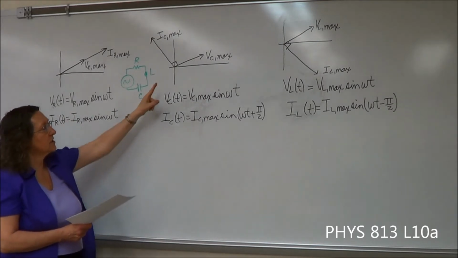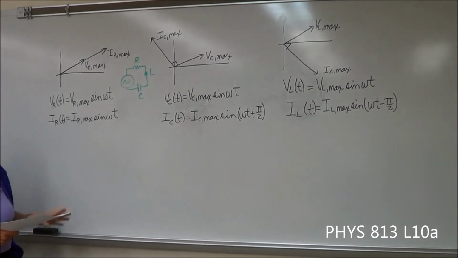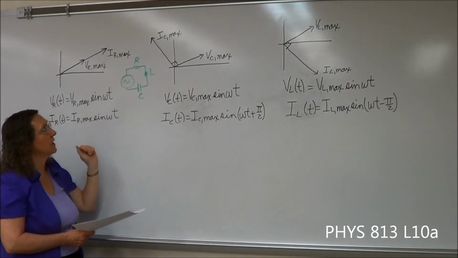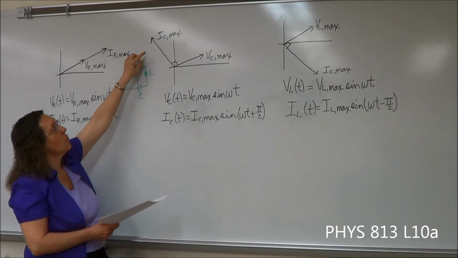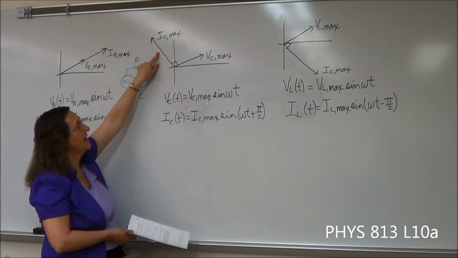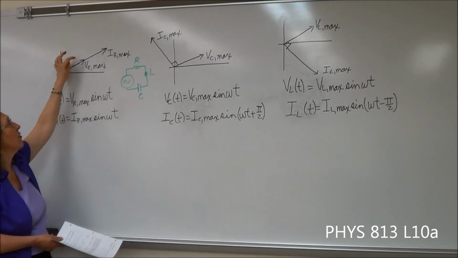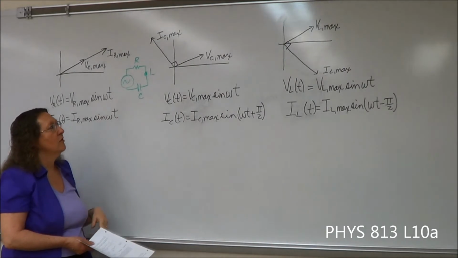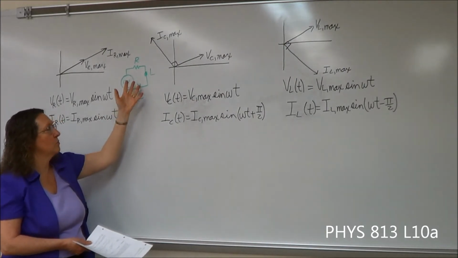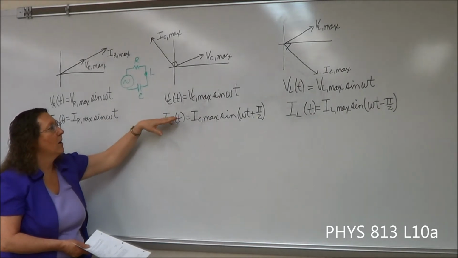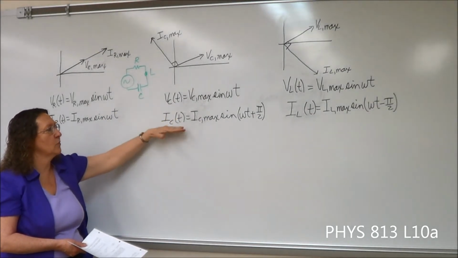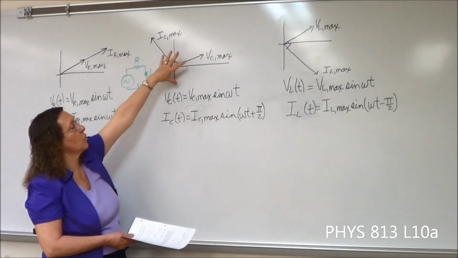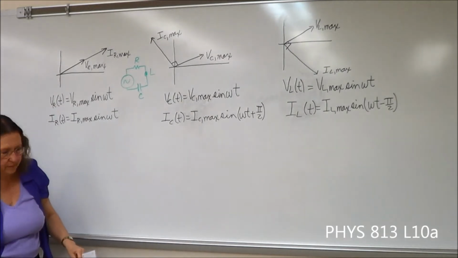Now, when we get to the capacitor, in order to make the current the same at all points in the circuit, at any particular instant, we have to have the current vector in the first quadrant like this way. Now, when we derived this, there was no real reason to rotate or shift anything. It was very easy to start with this voltage, and we ended up with this equation for the current. But now what we want to do is to rotate this phasor diagram.